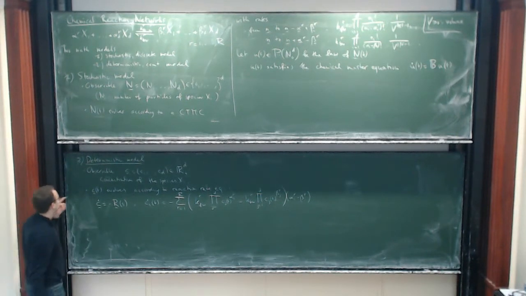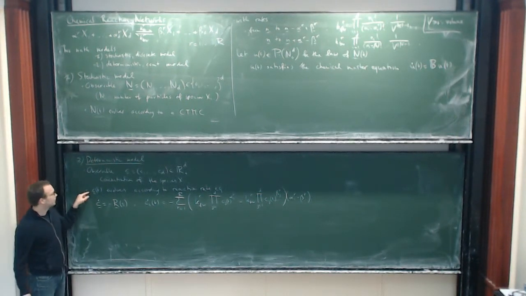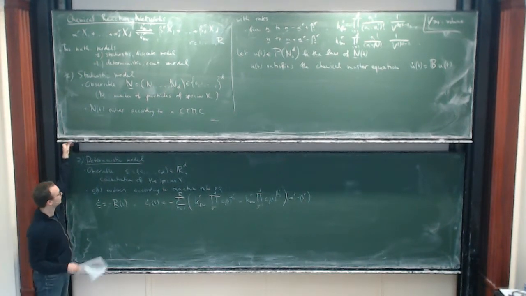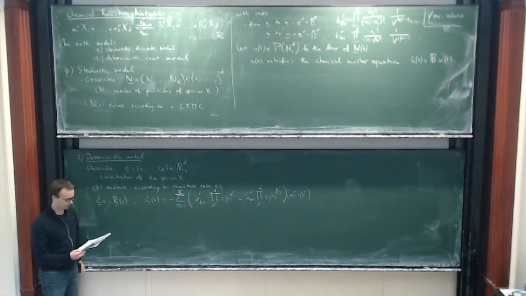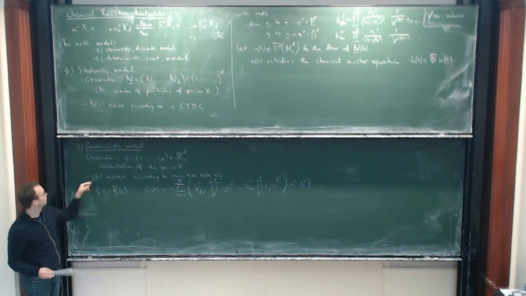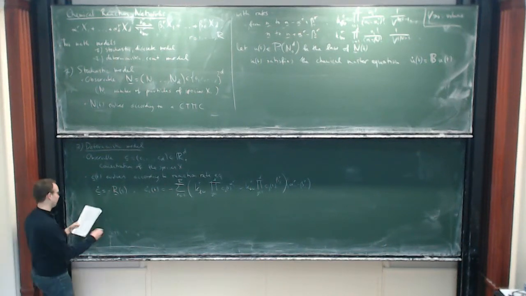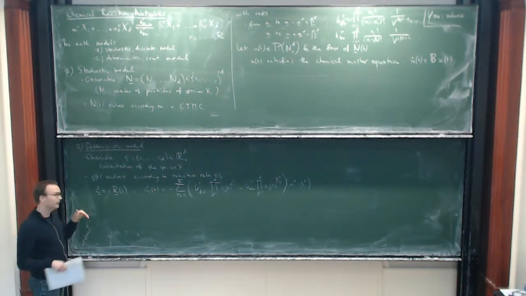So this is an ordinary differential equation for the concentration. What you can do is, if you have an ODE, you can lift it to the space of probability measures. For instance, suppose that you do not start with a deterministic concentration, but with a random concentration. Then you can look at the law of your concentration at time 0, and this law evolves according to a PDE.